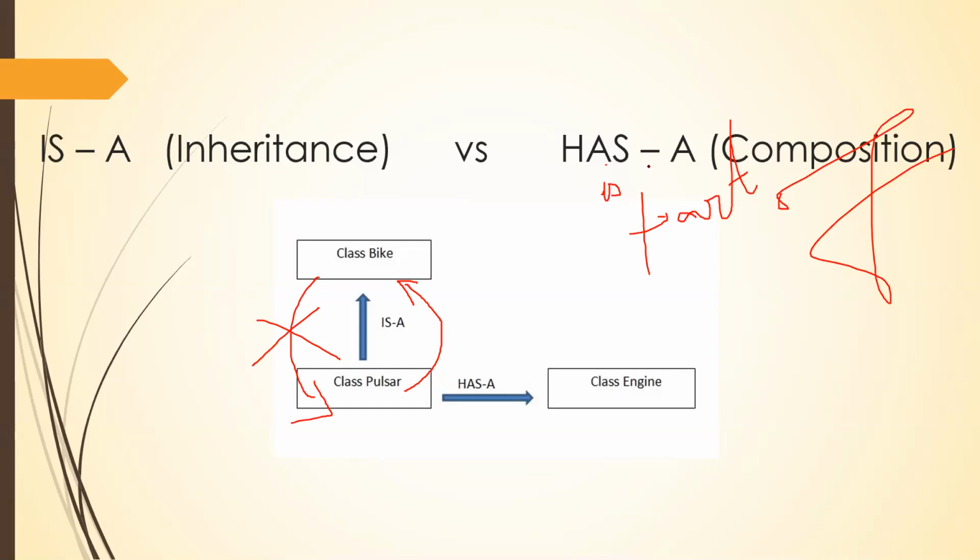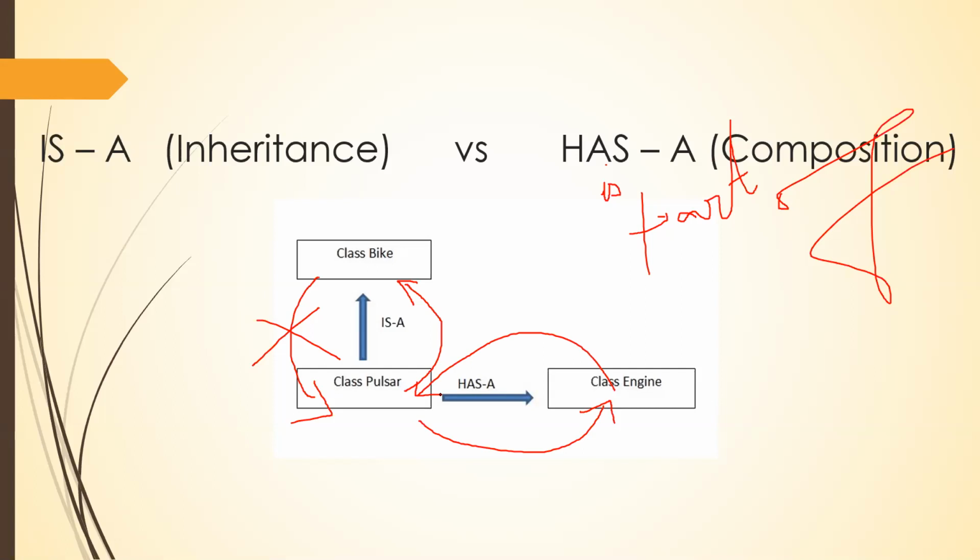Now let us see what you mean by has a. Has a means is a part of, or is a component of. Now look here. When I talk about a pulsar bike, I can have an engine in the bike. So I will say pulsar has an engine. But in the same way reverse, can I say engine has a pulsar?